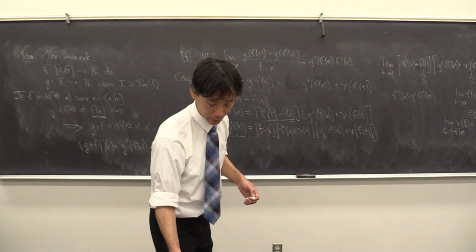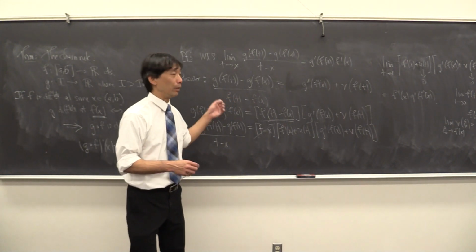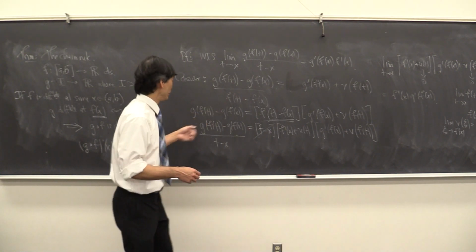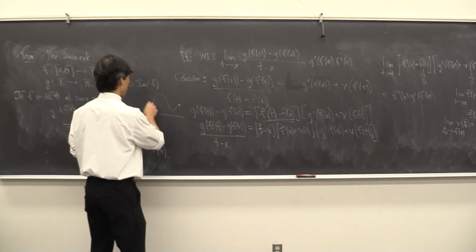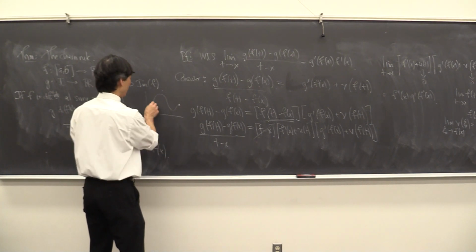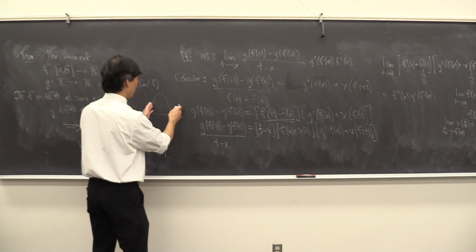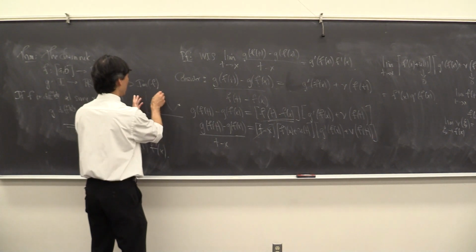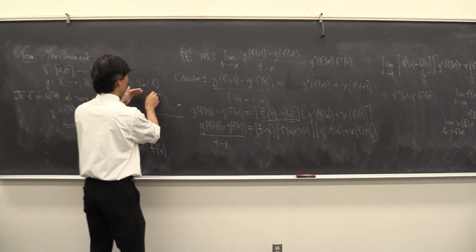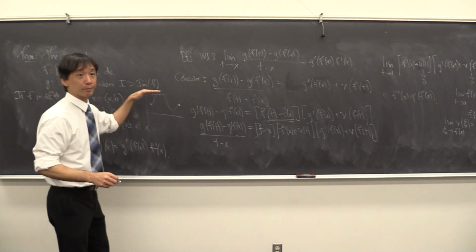Next time we're going to talk about the rest of your differential calculus knowledge. In particular, we're going to talk about Rolle's theorem, which says that whenever you have a function that's continuous on a closed and bounded interval and differentiable on the interior, then you're guaranteed a point where the derivative is 0.